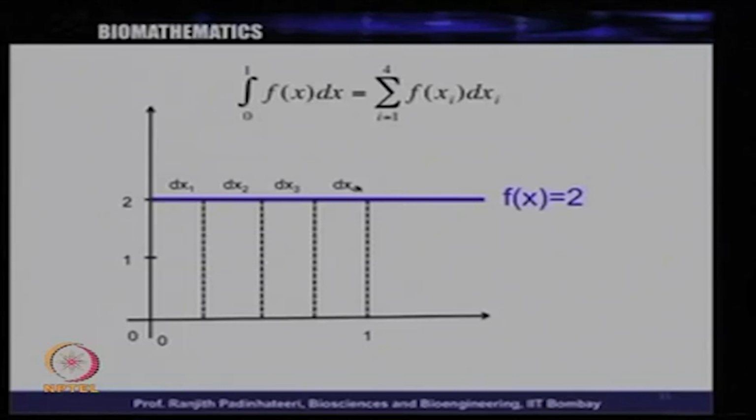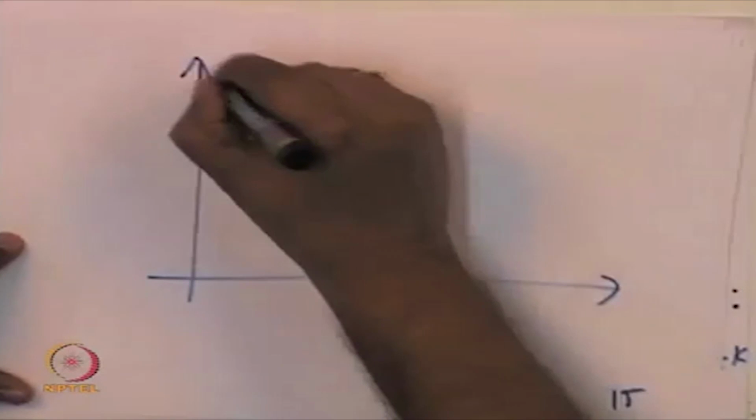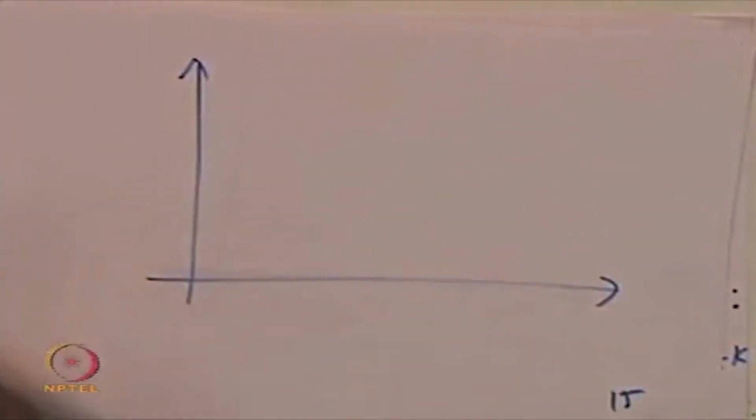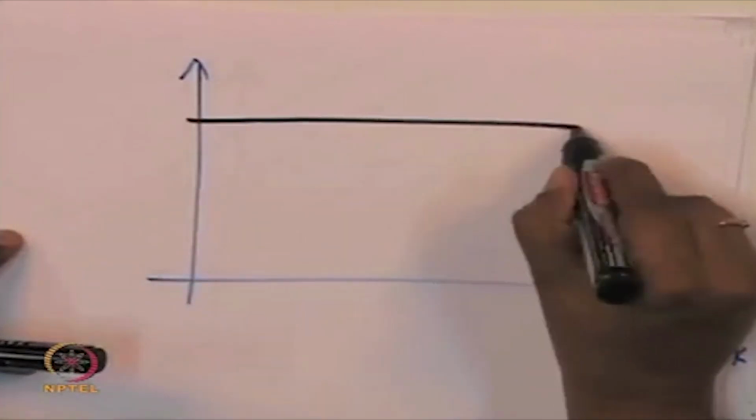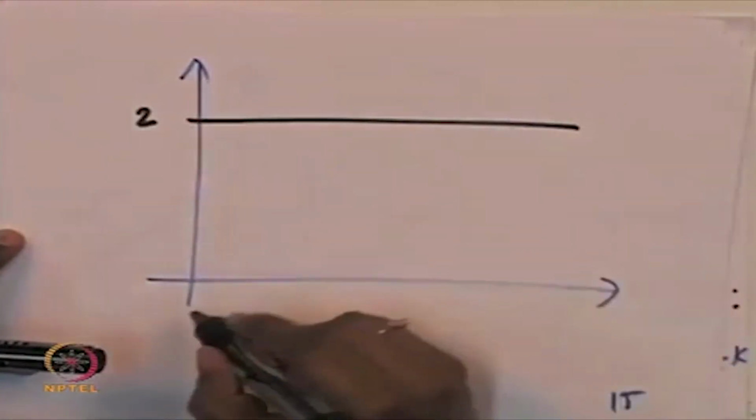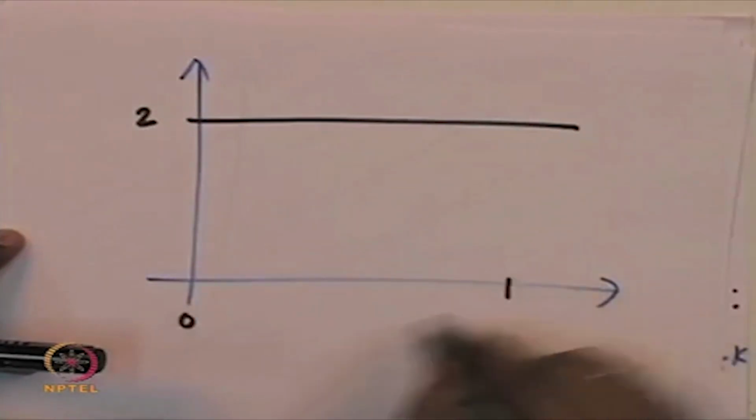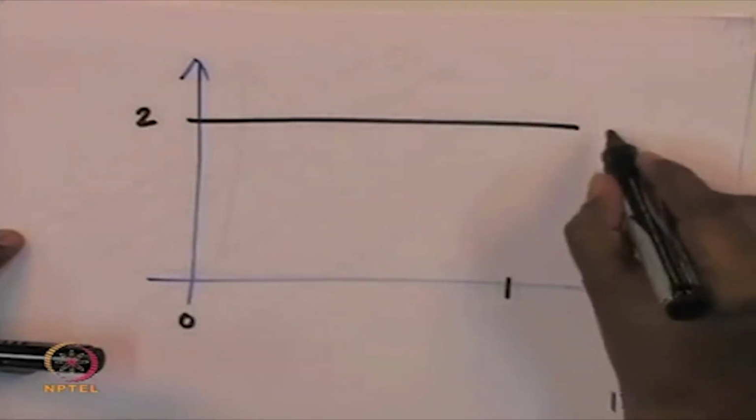So, let us draw this curve a bit. We have this curve which is y equal to 2, function f of x equal to 2. So, this is 2, and we want to find out the integral between 0 and 1.